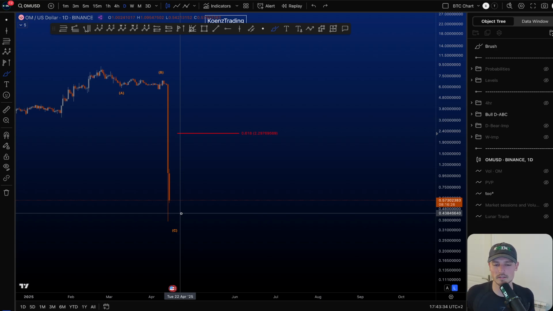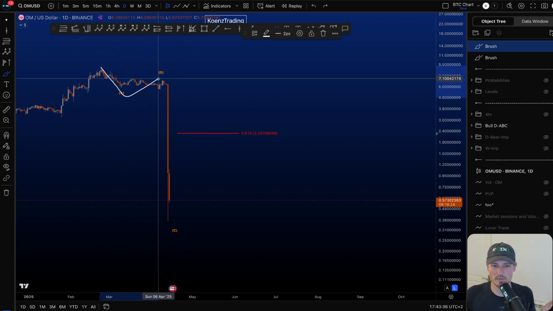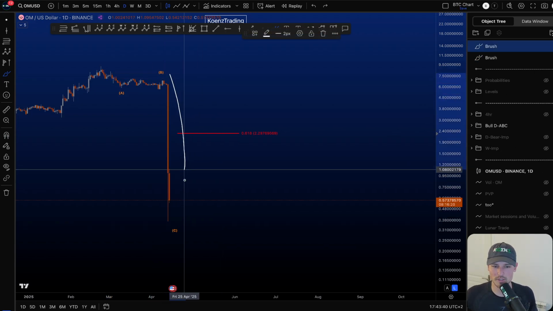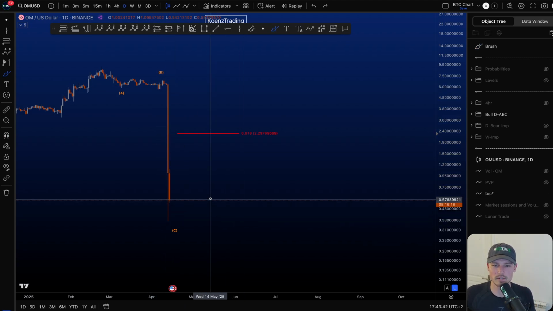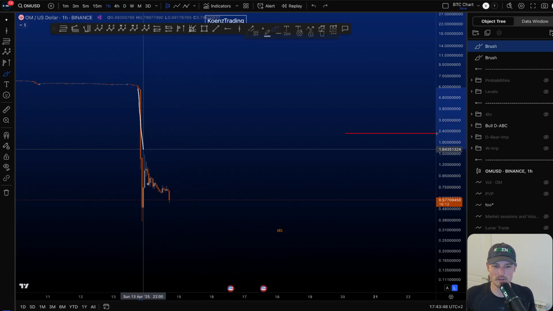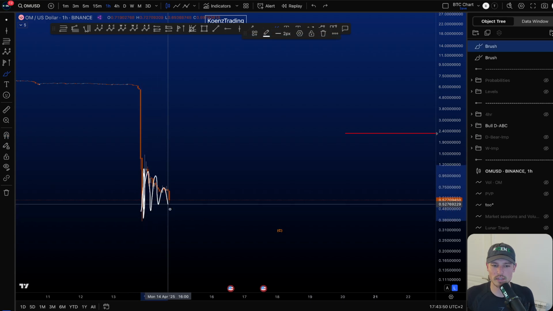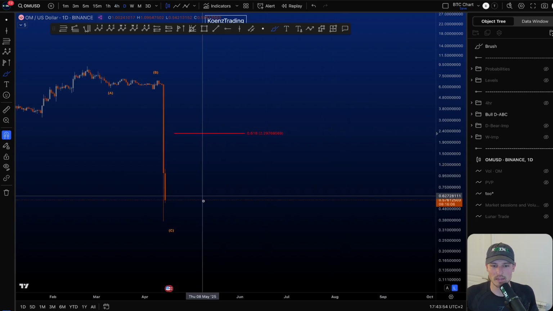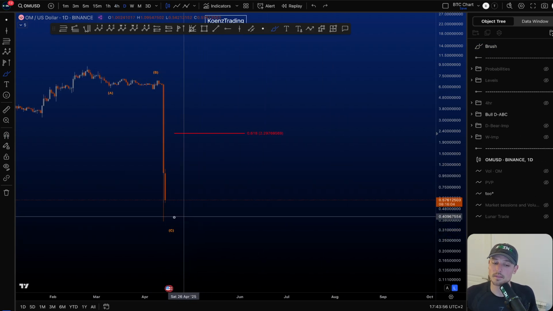Just the chart. So we have our A, we have our B, we have our wave C to the downside. Take the low, yes, no, who cares? I'm not going to count this structure to the downside in detail, but at least we can see that the move has started to slow down a little bit. Quick move down, and we start to at least move a little bit sideways. Now, after your wave C, give it time.